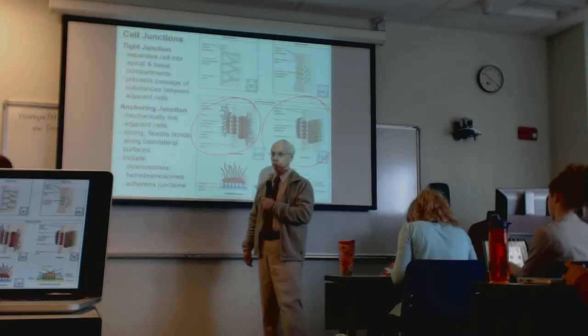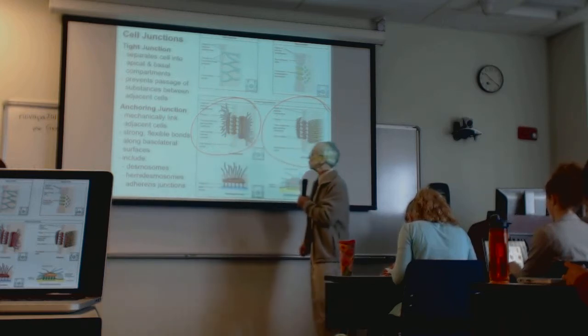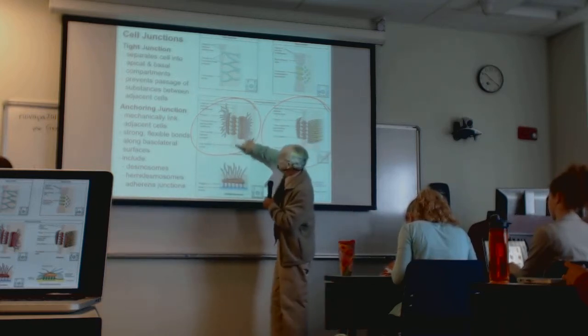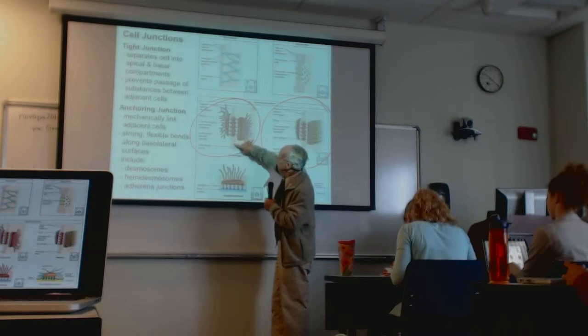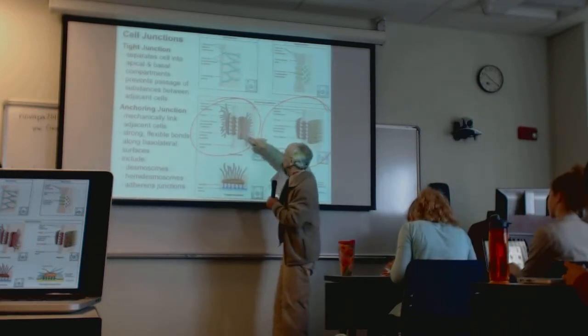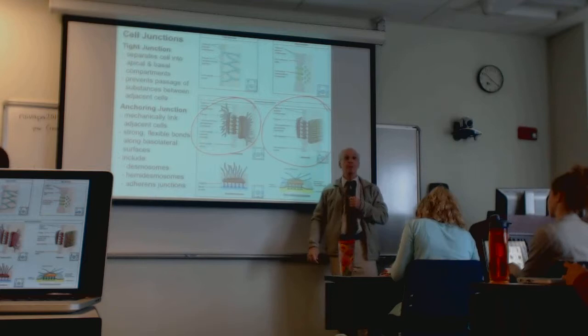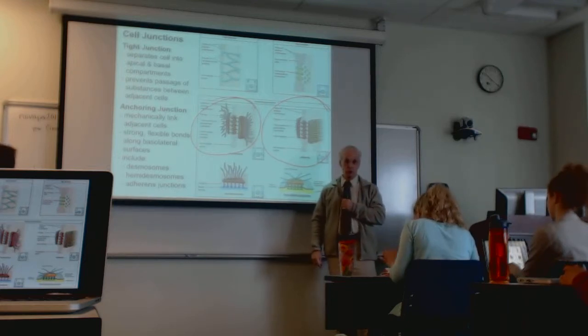The second major difference to pay attention to is, if you'll notice in the illustration, here's the cell membrane on either side and here's the cell junction. The cell junction in both cases is attached to the cytoskeleton of each cell, though it isn't so clear here.